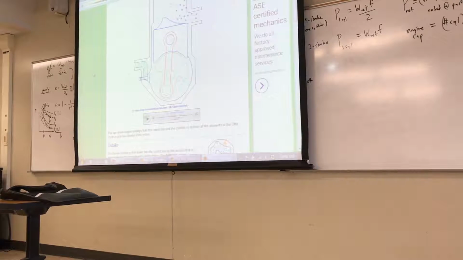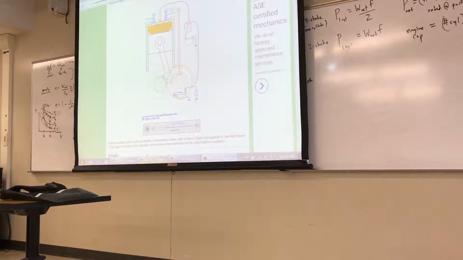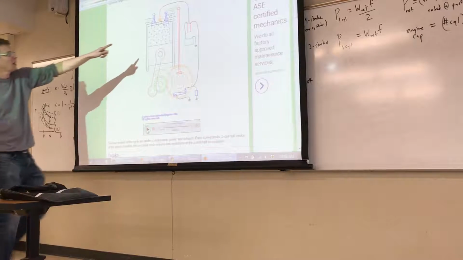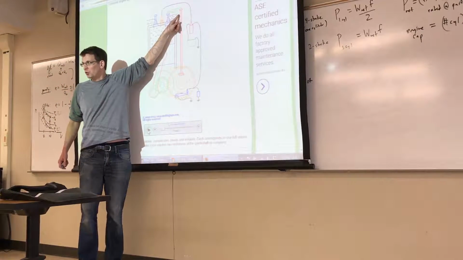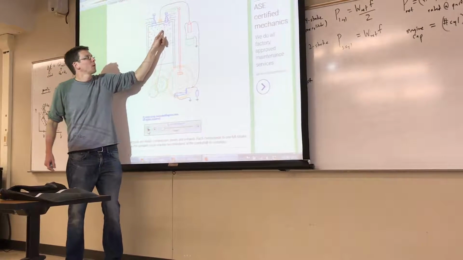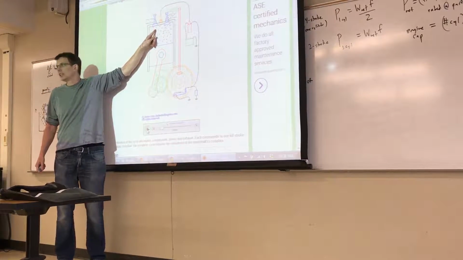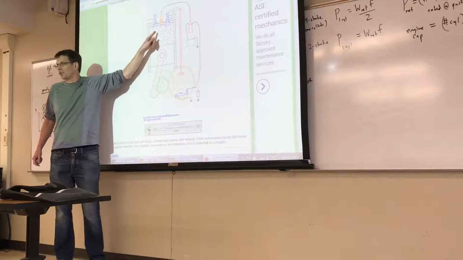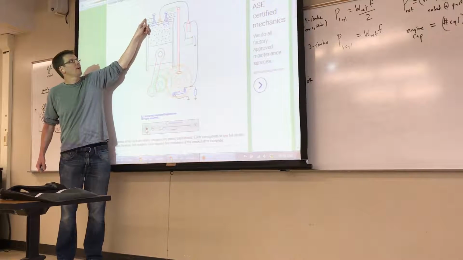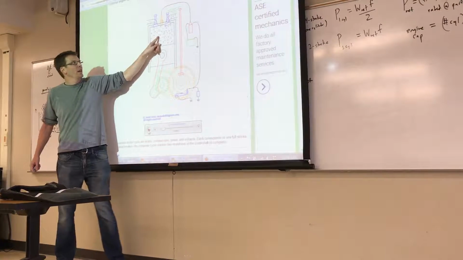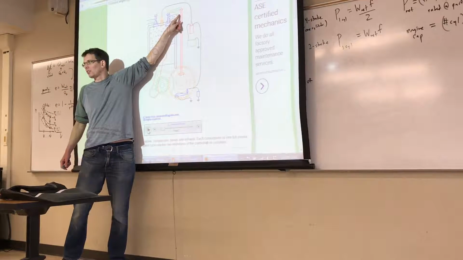The whole beauty of the 4-stroke, notice here that we are pushing out the exhaust and doing it nice and cleanly. We're pushing out the exhaust, we get rid of it, and then we make sure to draw in the fresh stuff afterwards. So there's no chance of gasoline going wasted out of the exhaust, okay?